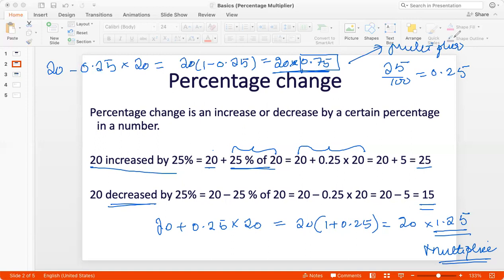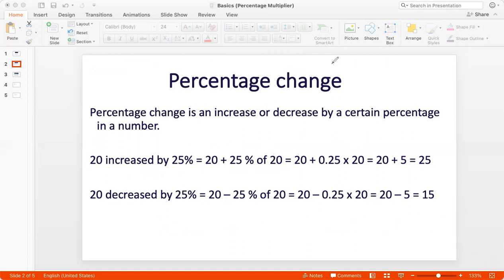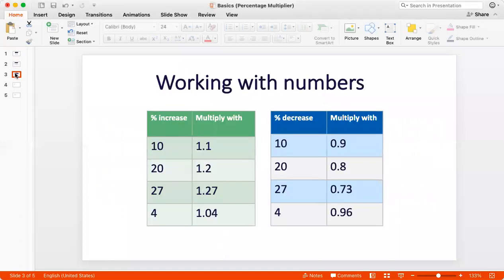And you can see that this would be repeated and you can come to a pattern. For example, let's say I want to increase a number by 10%. So let's say the number is A. So I write A plus 10% of A, which is A plus 0.1A, which is 1.1A.